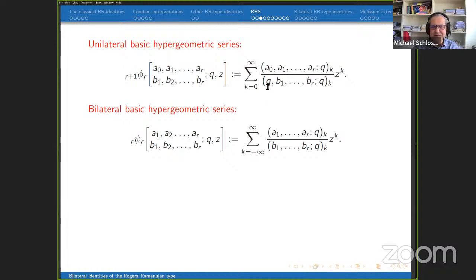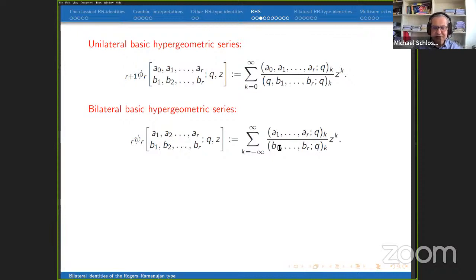Without the q here, it's natural to have infinite series in both directions, not just towards plus infinity, which we refer to as unilateral, one direction. But now we have two directions, minus infinity, plus infinity. It makes sense. We also know how these q-shifted factorials are defined if the index k is negative, that we just did on the previous slide.